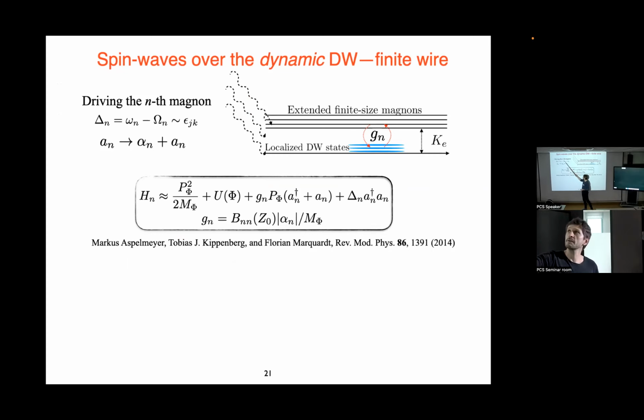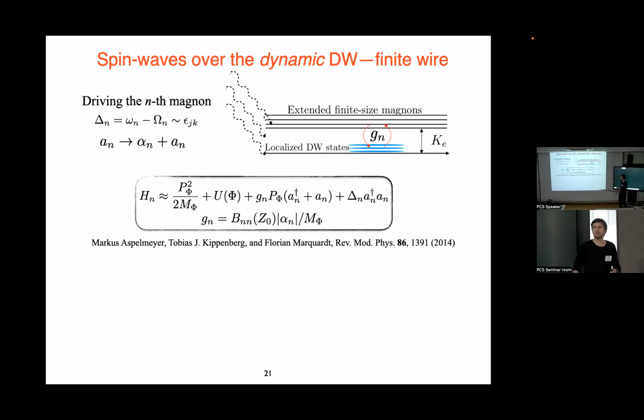So omega_n is the driving frequency, and this driving frequency is close to epsilon_j, the difference between the actual magnon frequency and the driving frequency is close to some energy separation in the domain wall. If you do so, you start populating coherently this magnon mode, which gives it a population, a classical part alpha_n plus some quantum fluctuations on top. So that's what cavity optomechanics people do, and we realize that it applies also to us.